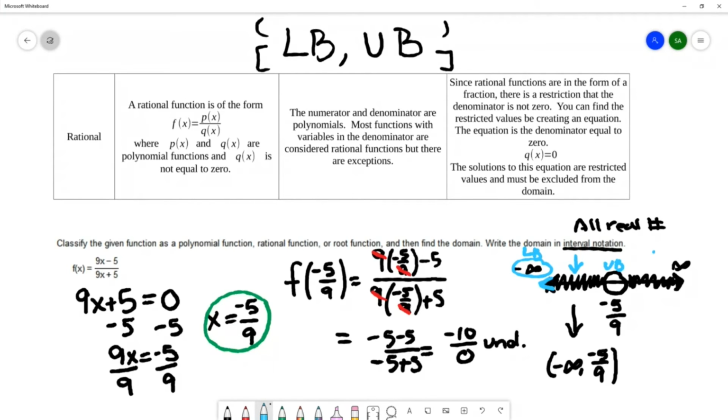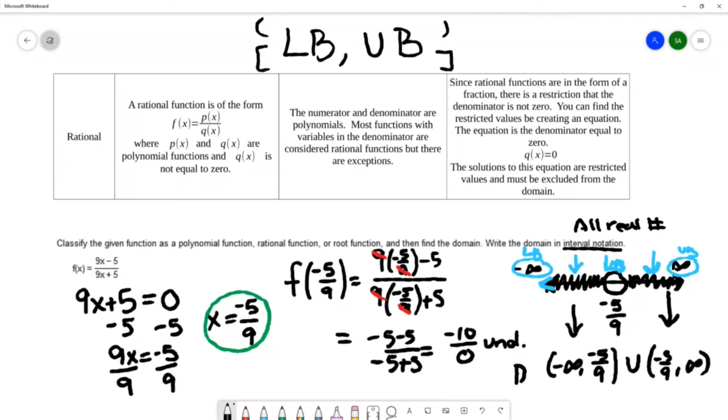So then I'm going to do the other interval. And the other interval has a lower bound of our restricted value and an upper bound of infinity. So this other interval starts at -5/9 and goes to infinity, and then we're going to union those two sets together.